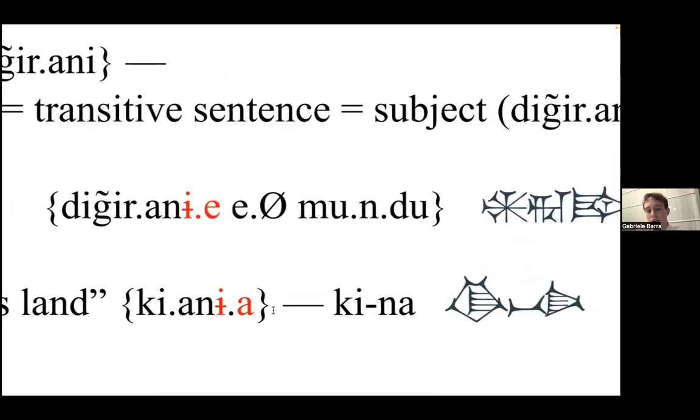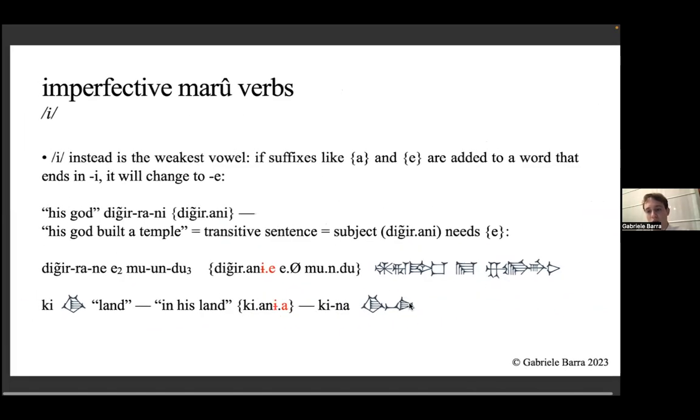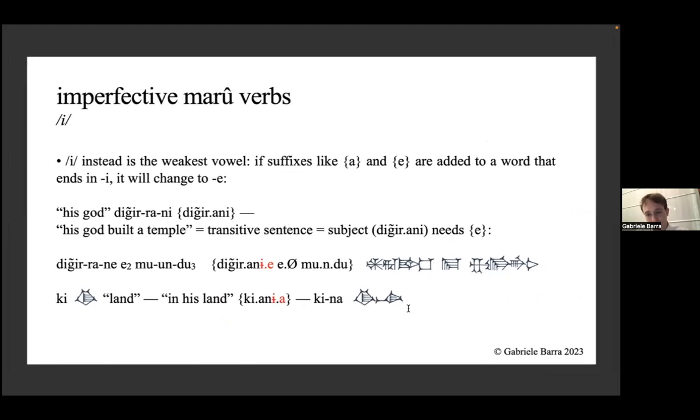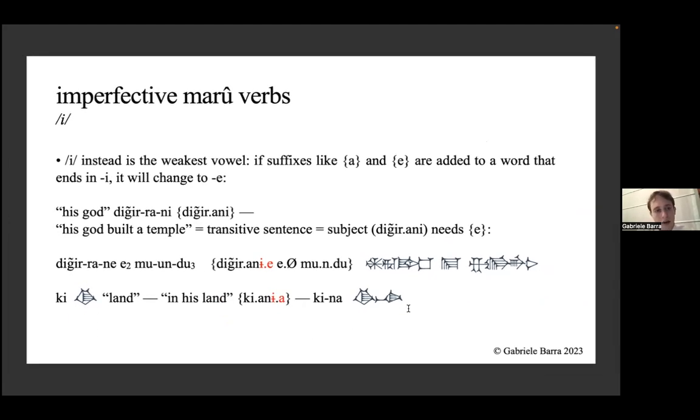The na is ani without the a because ki starts in a vowel, and then the I gets elided and you get an a. So ki ani I a becomes just ki na. That's why some forms look really weird.